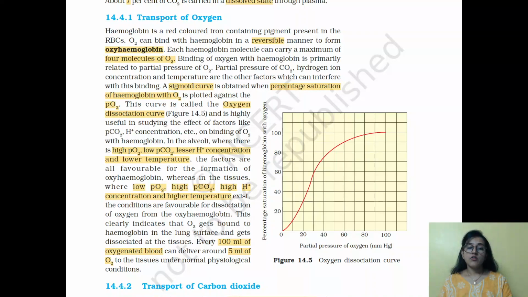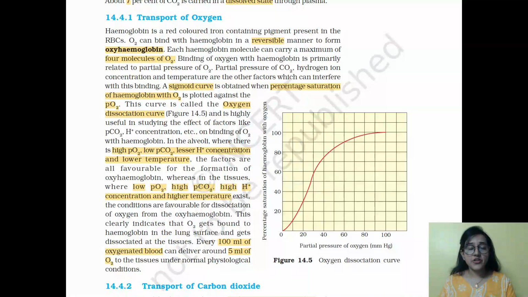So, these four factors are related differently with oxygen dissociation and association. The partial pressure of oxygen is directly related to association of oxygen with hemoglobin to form oxyhemoglobin. So, the higher the partial pressure of oxygen, the higher the formation of oxyhemoglobin.